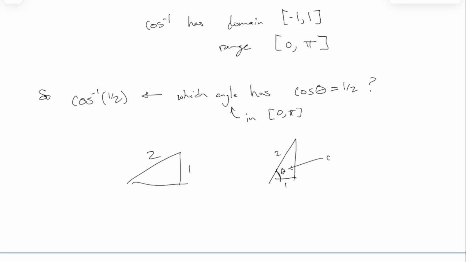So here, the cosine of this theta is 1/2. And what is that angle? That's 60 degrees, also known as pi over 3, in radians. I'm always going to say this in radians. And pi over 3 really is in this range from 0 to pi. So that means the inverse cosine of 1/2 is pi over 3.